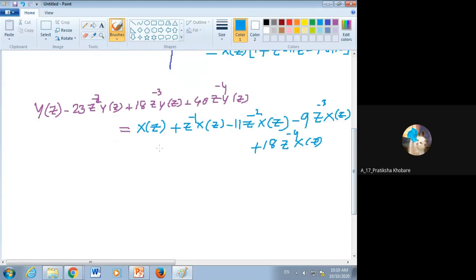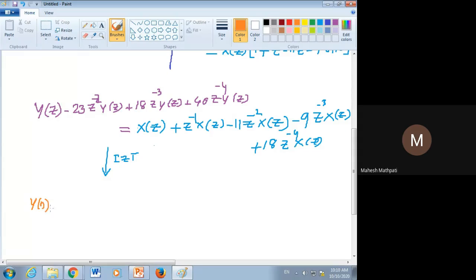Now, if we apply inverse Z transform to this equation, what can we write? Can anyone tell me? If I apply inverse Z transform to y of z, what will happen?